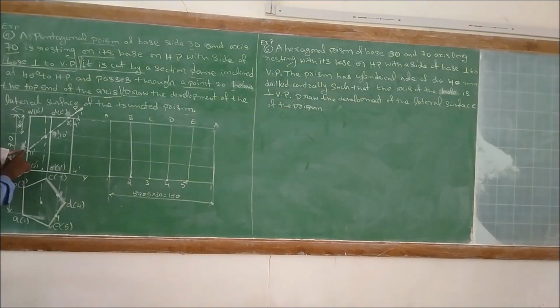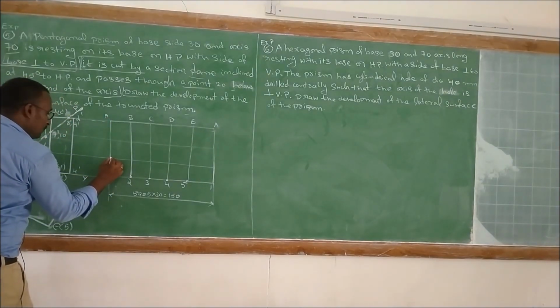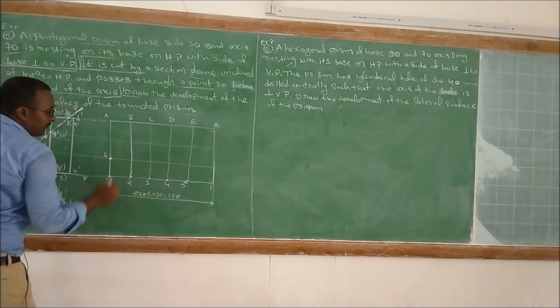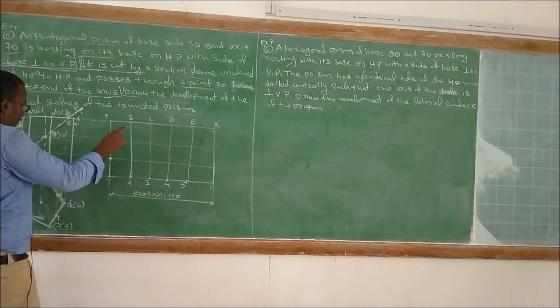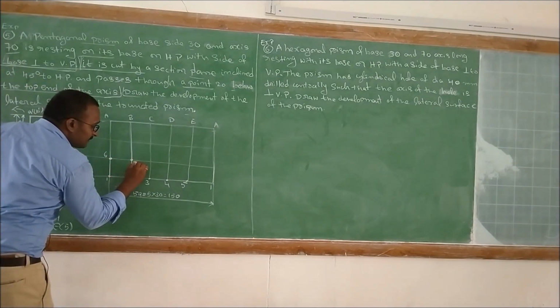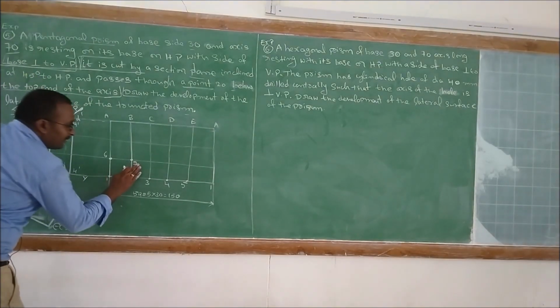So then mark the 6 and 11 points on A1, B2 lines. So here this is the A1 line. On the A1 line we need to mark the 6. Then on the B2 line again here it is 7.